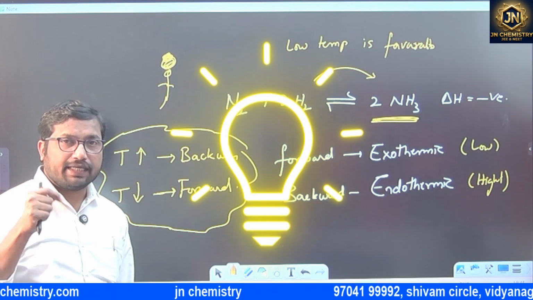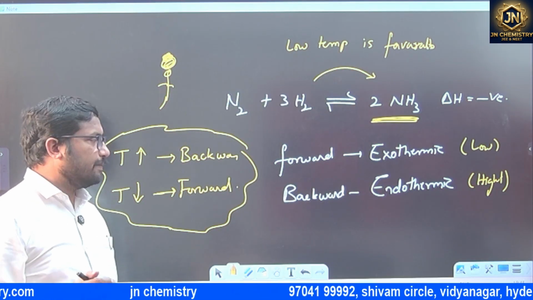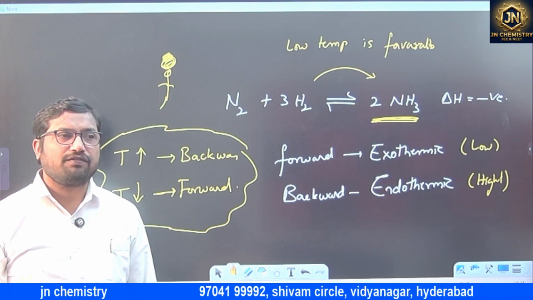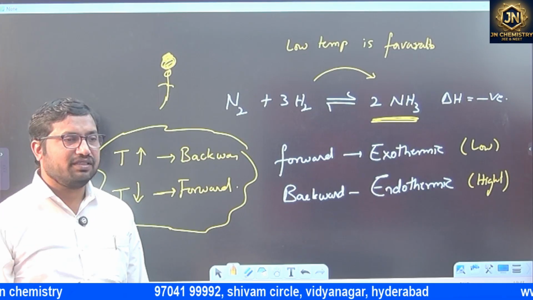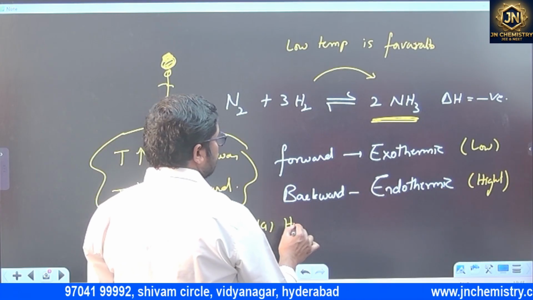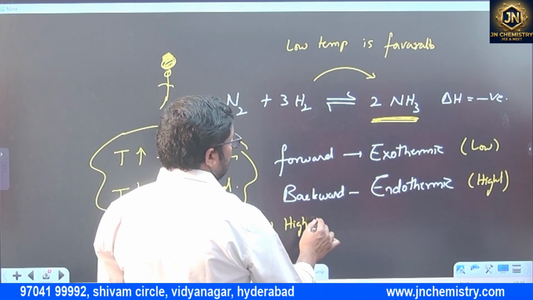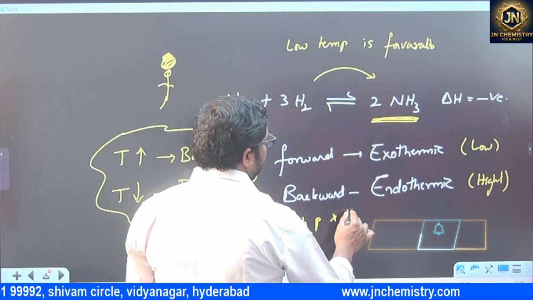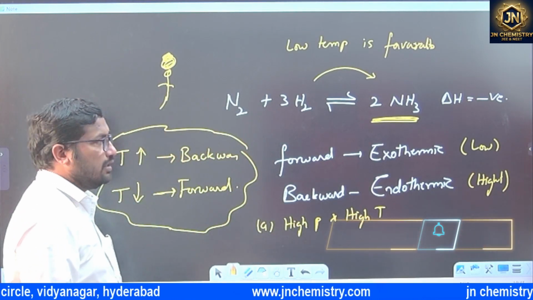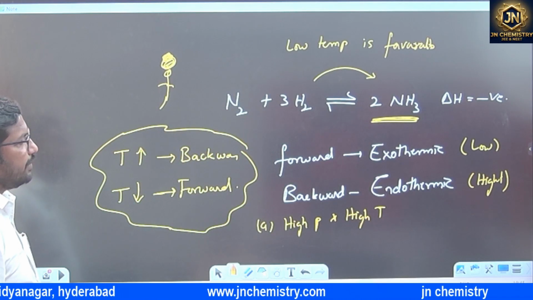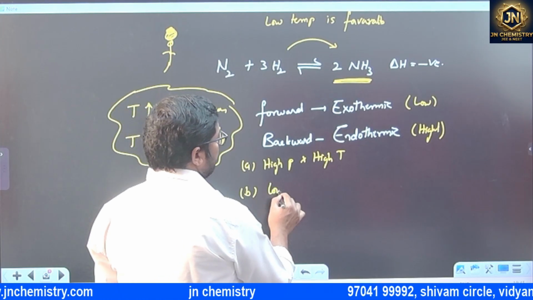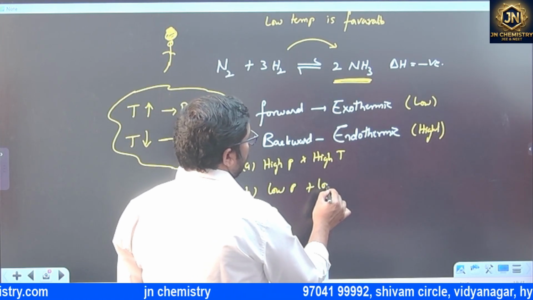They are asking one examiner's favorite question here. In the Haber's process, the preparation of ammonia, which of the following conditions are used? Option A, high pressure and high temperature. Option B, low pressure, low temperature.